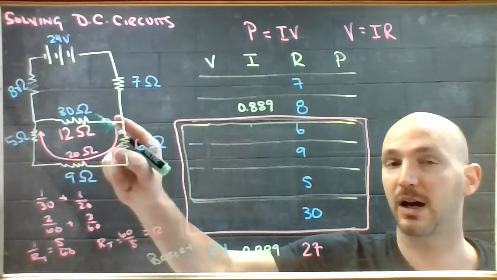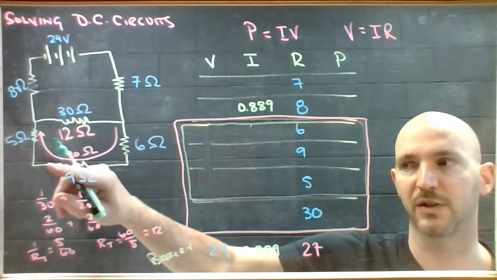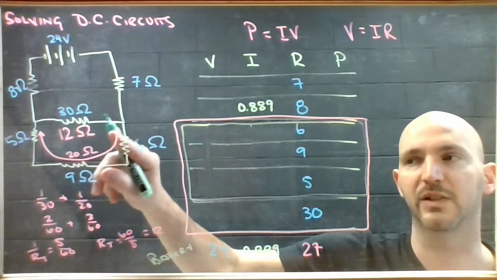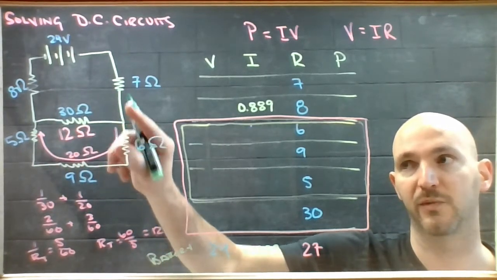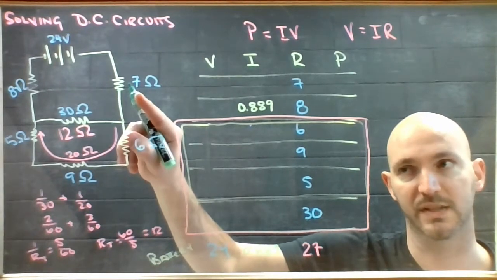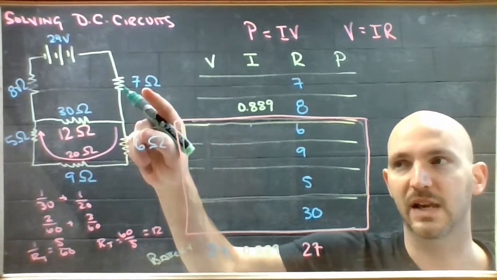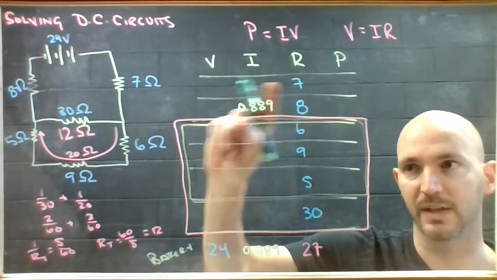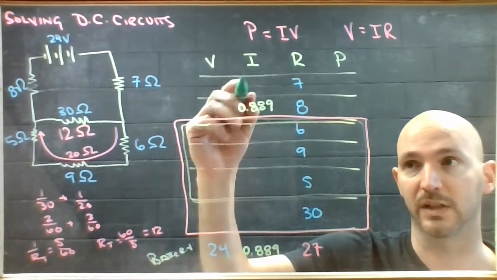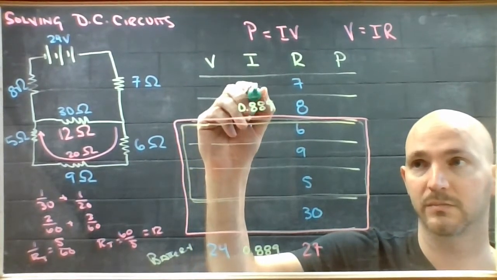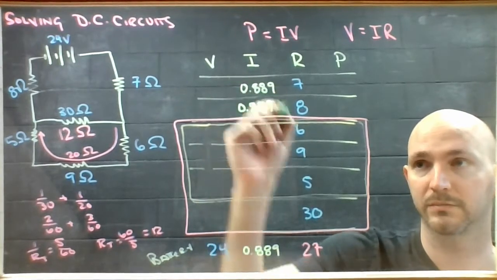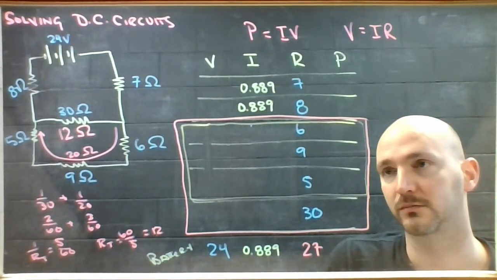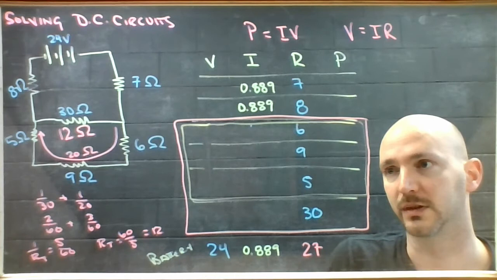So I don't know how much goes through this, and I don't know how much goes through this branch. But I do know it all comes back together before passing through this 7 ohm resistor. So this 7 ohms, which is in this row, is also going to bear the full current. All right, good.